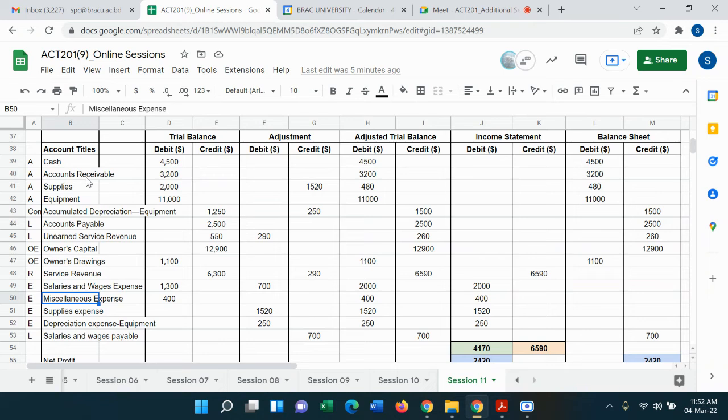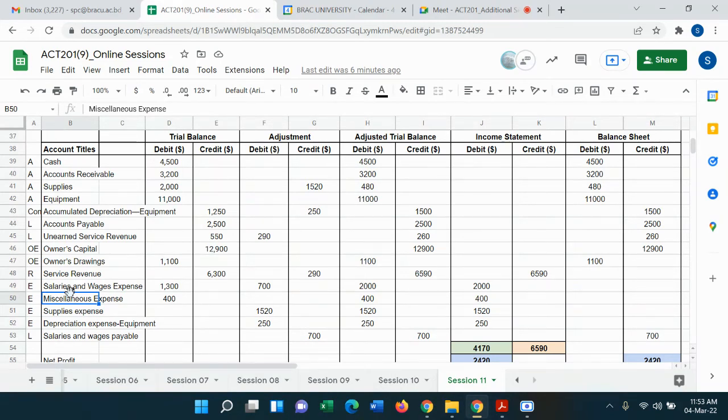So what will happen, you don't have to create hundreds of accounts with a minimum amount which doesn't have any influence in the statements, and you can reduce your spending time or spending money, or cost as well. That's why it's been suggested that if any expenditures are incurred with a very minimum amount, transfer them to the miscellaneous expense account without creating a separate account.